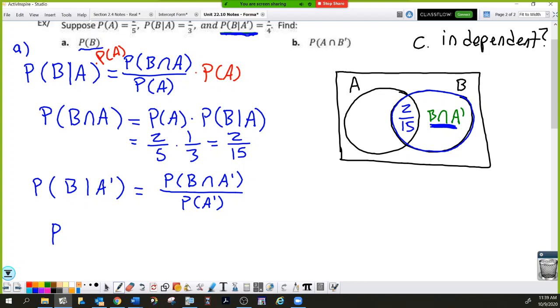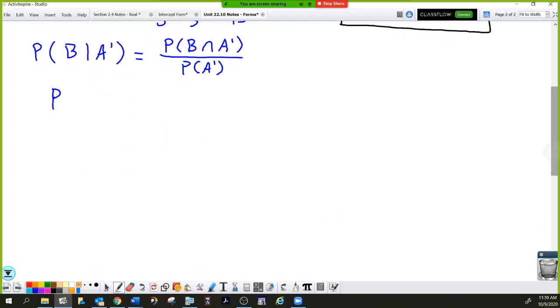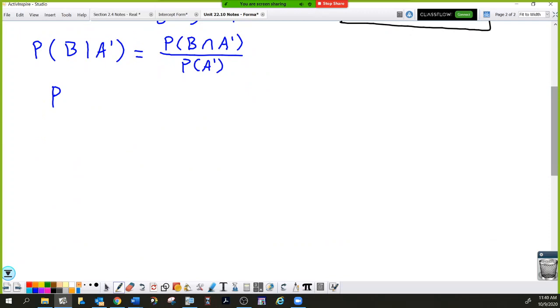So then I wrote the conditional probability formula for that and realized that I could isolate the green thing I was looking for simply by multiplying both sides by the probability of A prime. So here's the probability of the green thing I was looking for, found by multiplying both sides by the probability of A prime.